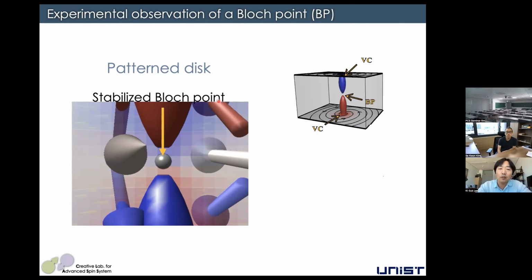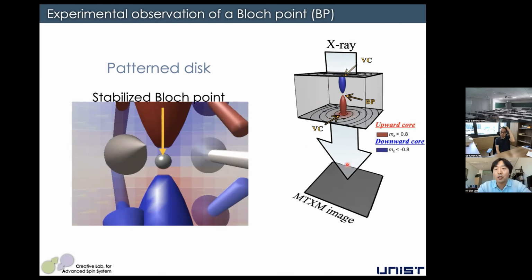If the Bloch point is formed at the middle of the thickness with two vortex cores, we just measure through the thickness and sum all signals. We use MCD, magnetic circular dichroism, through the thickness direction, so you cannot obtain the MTXM magnetic dichroism images with this kind of structure.